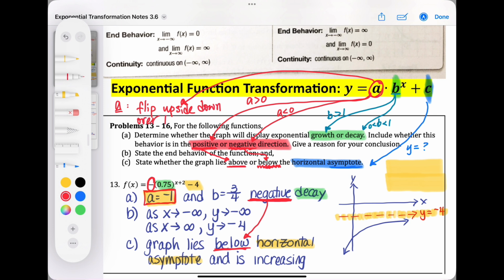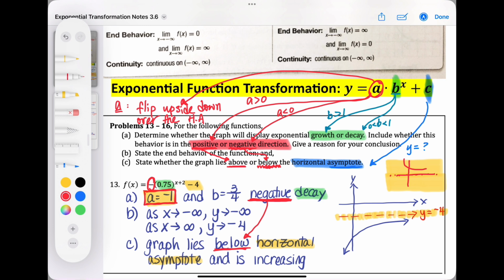over the horizontal asymptote. So because of the decay, I know that my original picture should be like this, from left to right, going down, right? But because the leading coefficient is negative, that tells me my picture is going to flip upside down over the horizontal asymptote.